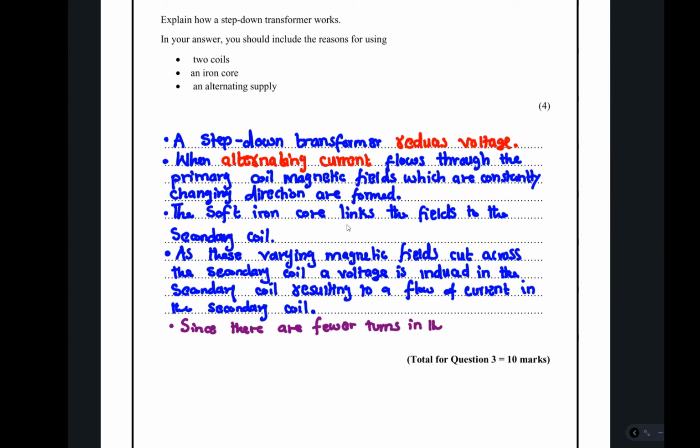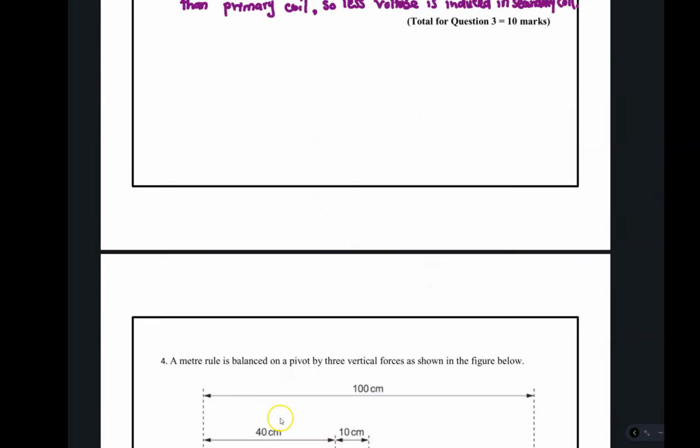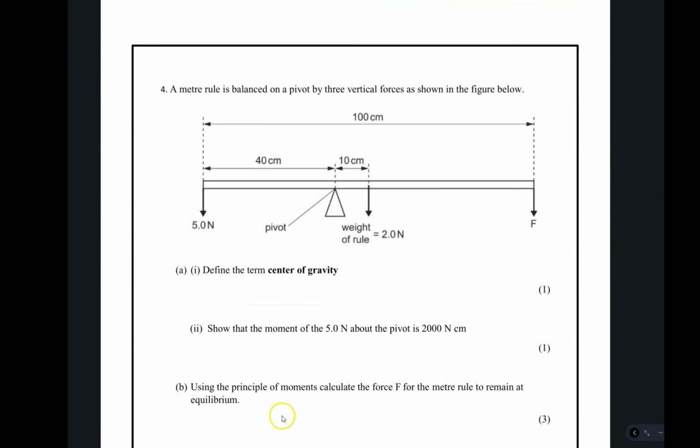And remember, since there are fewer turns in the secondary coil, we're going to have less voltage induced. So that is why it qualifies to be a step-down transformer, because we have fewer turns in the secondary coil than the primary coil.